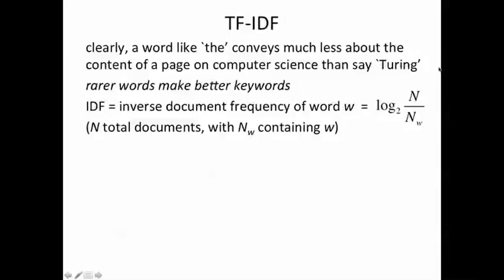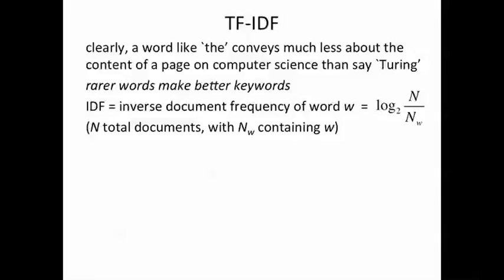Then the ratio of N over N_w, obviously N_w will be less than N, tells us the inverse of the fraction of the documents which contain w as compared to all the documents. And then we take the logarithm of this term, and obviously we reverse the fraction because otherwise the logarithm would become negative, and we get what is called the inverse document frequency of a word.